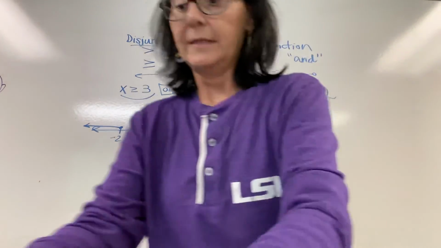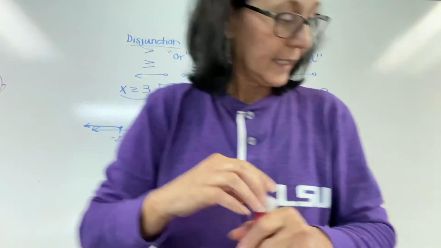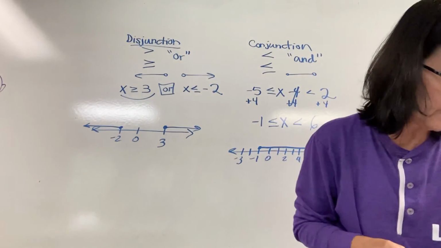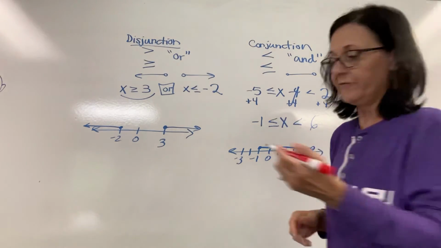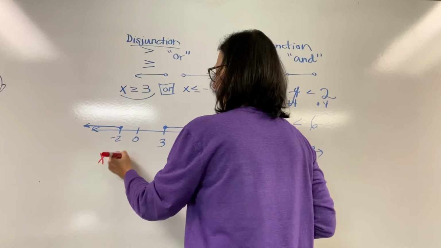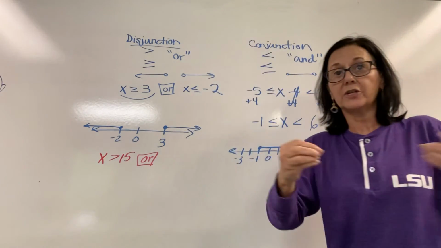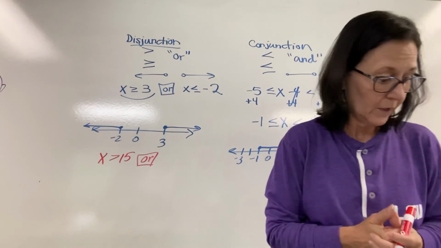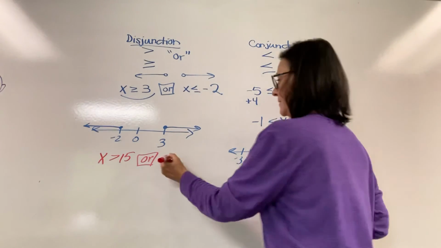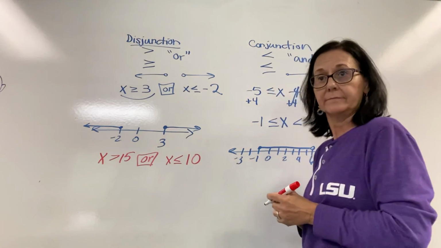All right, let's do the next example. Example 3: x greater than 15, or, keyword, I'm telling myself, a disjunction is going to go away from one another, or x less than or equal to 10.